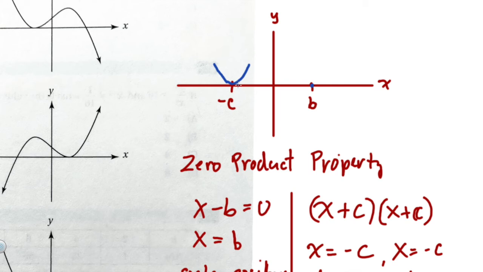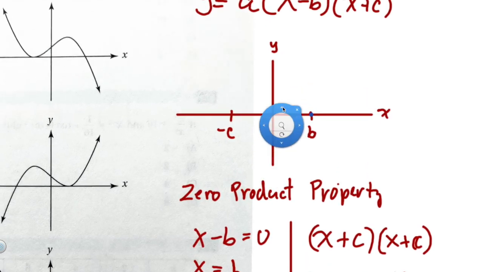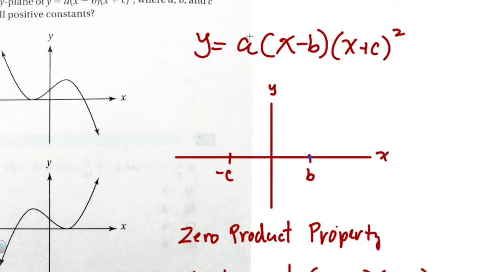We just don't know yet if this is going to open upward or downward. It does not pass through this value at negative c. What we're going to look at in this equation is the value of a.